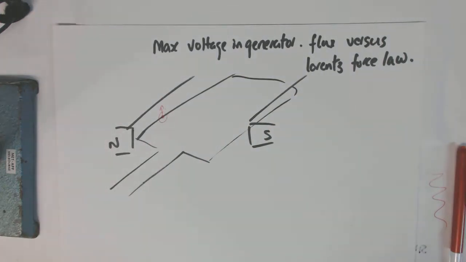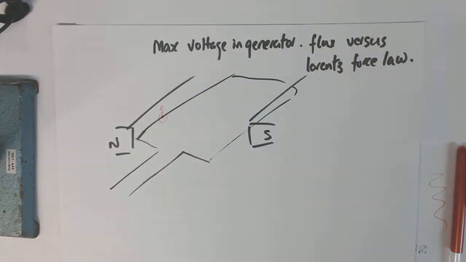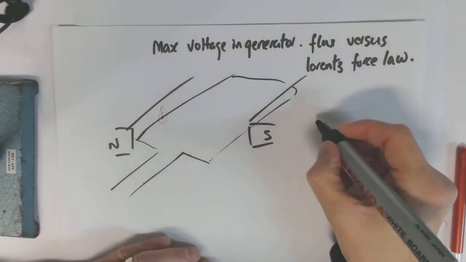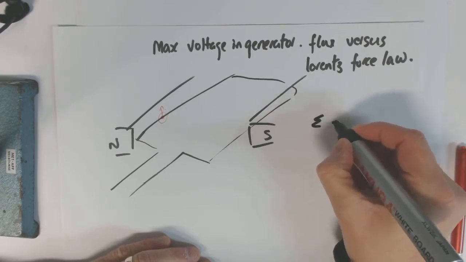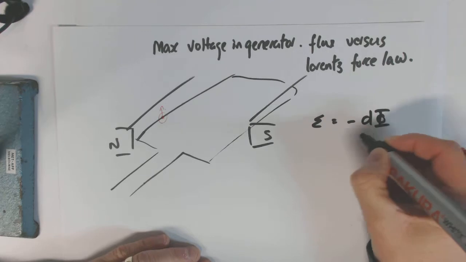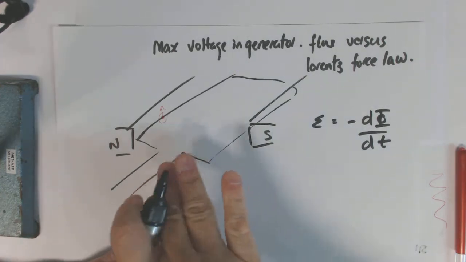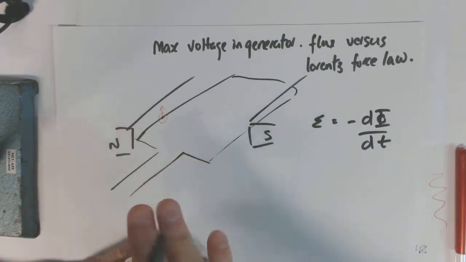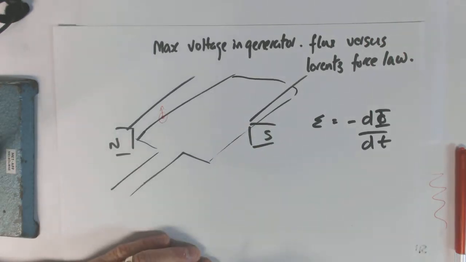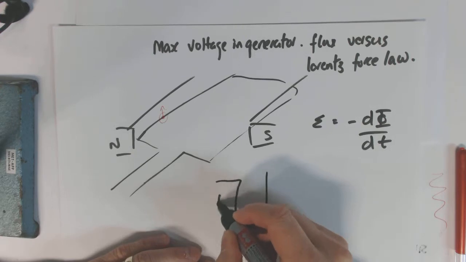But from a flux point of view, this coil is spinning, and from Faraday's law you've said that E is equal to minus d flux over dt. So the rate of change of the flux is maximum in that horizontal position, compared to when the coil is vertical between the two fields.